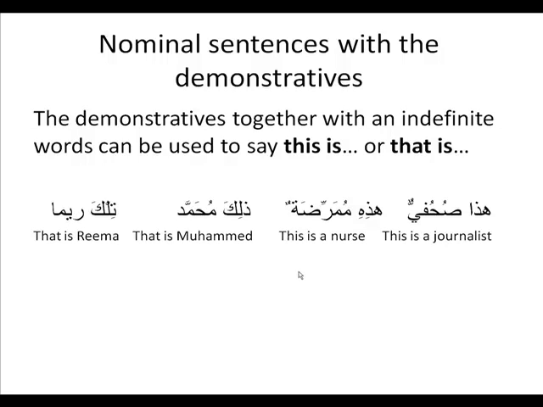Using one of them, either هذا, هذه, ذلك or تلك, together with a name or a profession, gives us a sentence. هذا صحفي. This is a journalist, a male journalist. هذه ممرضة. This is a nurse, a female nurse. ذلك محمد. That is Muhammad. تلك ريمة. That is Rima.